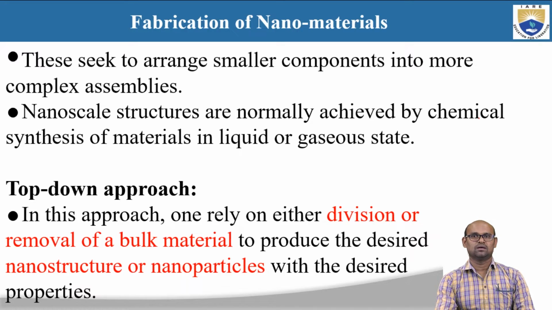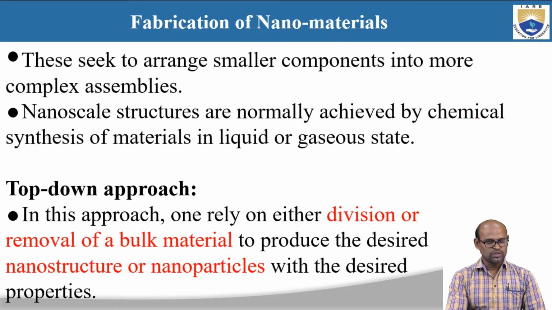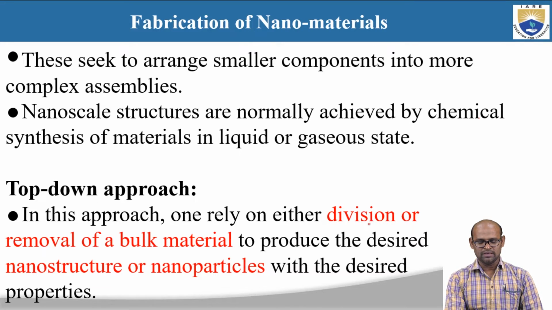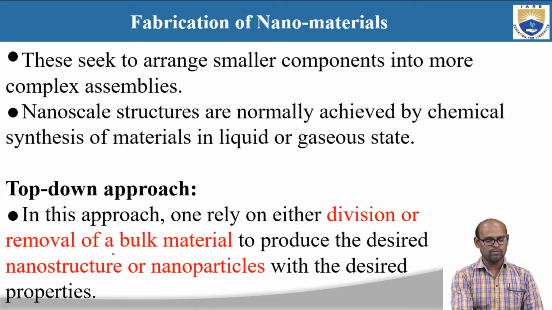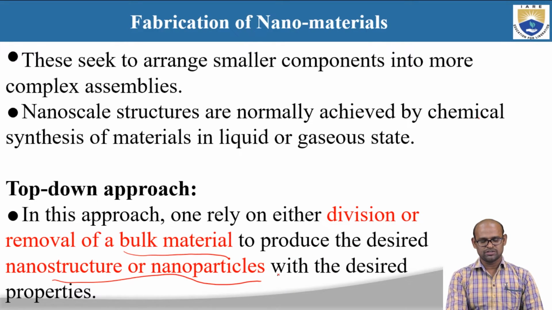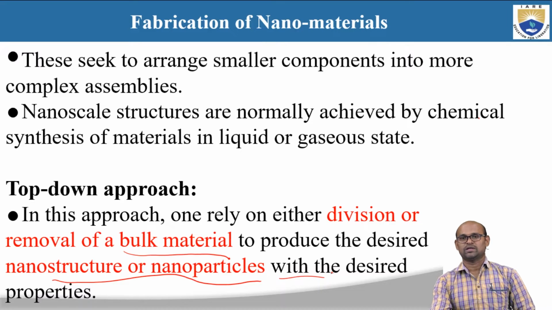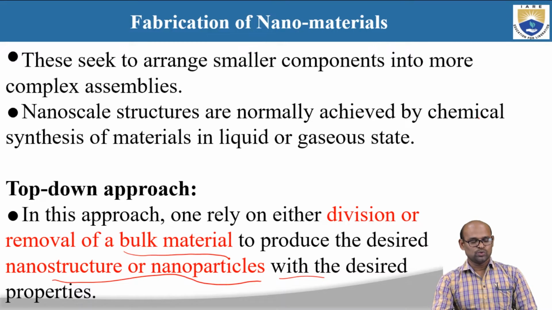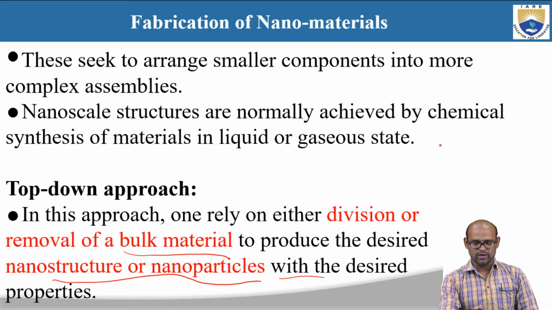The next fabrication method is top-down approach. In this approach, one relies on either division or removal of a bulk material to produce the desired nanostructures and nanoparticles with the desired properties. So in top-down approach, we are going from top to down.